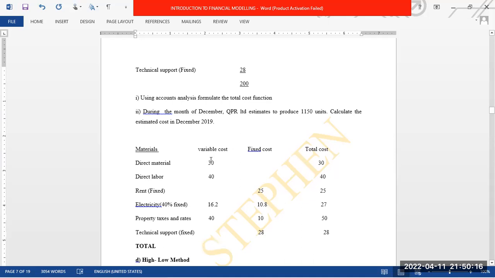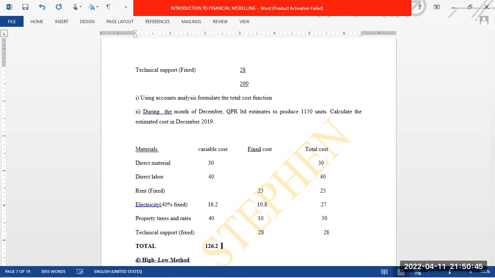You're supposed to add all this: 30 plus 40, 70 plus 40, that is 110. So 110 plus 16.2, you're supposed to get 126.2 as the total. This is the total variable cost.